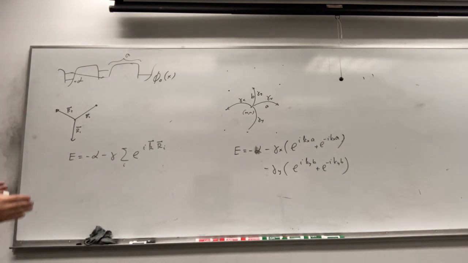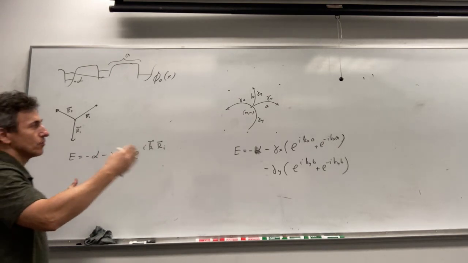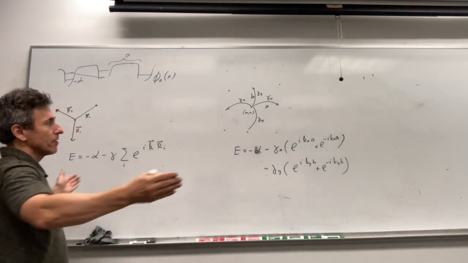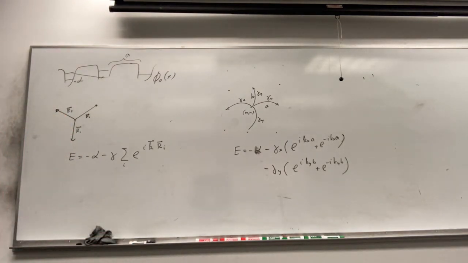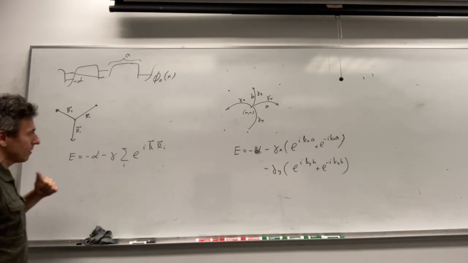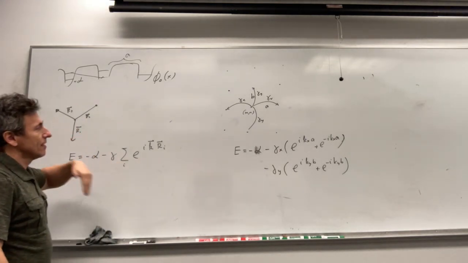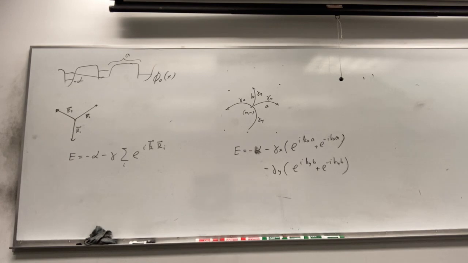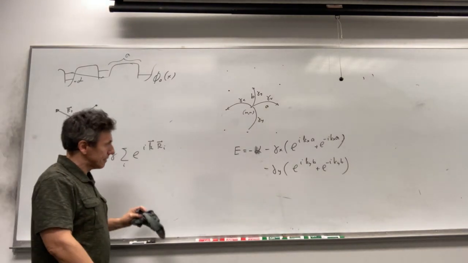So we need to consider only the first Brillouin zone from minus pi over a to pi over a. This is the advantage of the tight-binding model. It correctly produces the energy dispersion, and we need to consider only the first Brillouin zone to have the complete picture of this system.